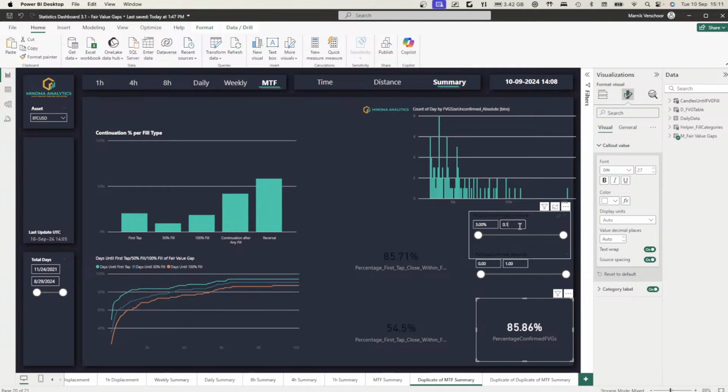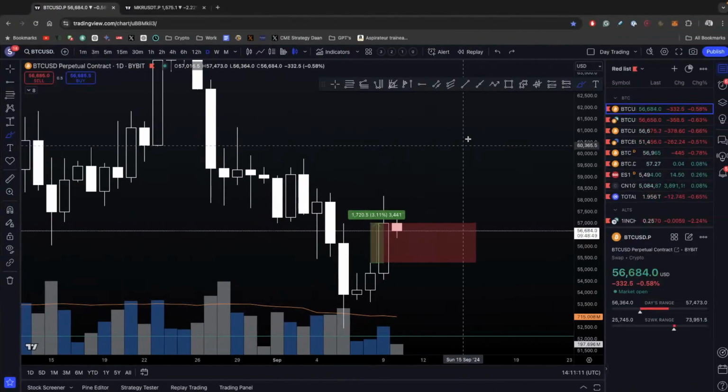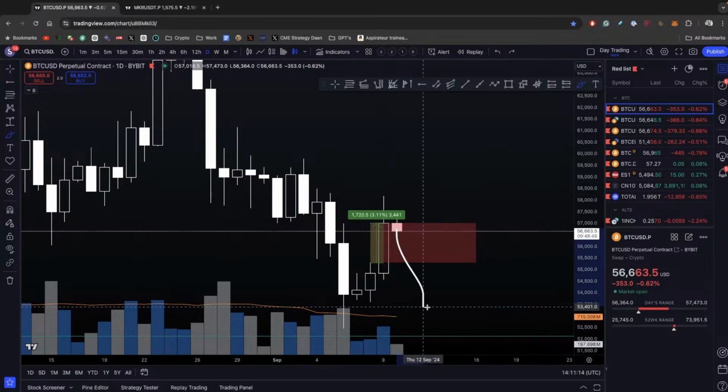You could even say, well, I'm only interested in the ones between 3% and 6%, and even that's 86%. So there's only really a 14% chance that you're gonna do this, right?